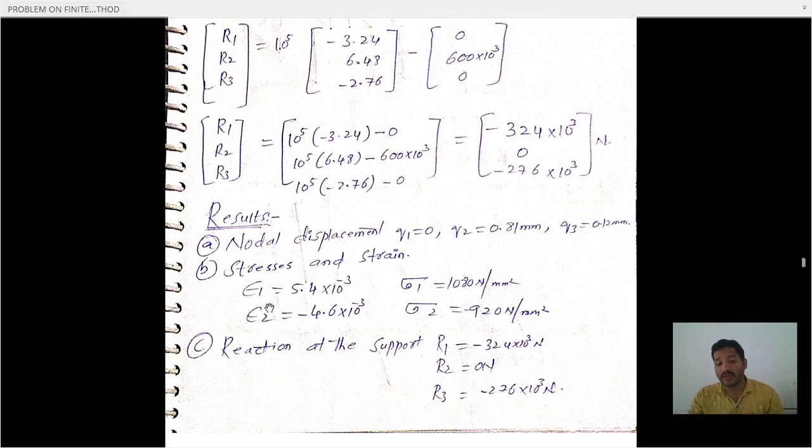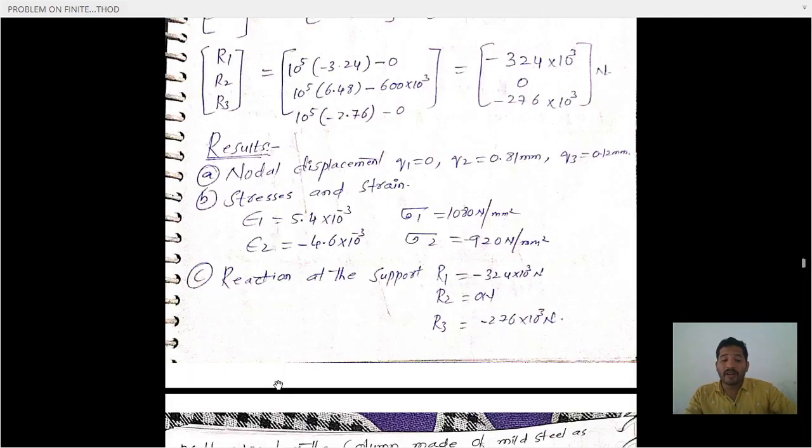The strain for the first element we got as 5.4 into 10 power of minus 3, and the stress for the first element is 1080 Newton per mm square. The strain for the second element is minus 4.6 into 10 power of minus 3, and the stress for the second element is minus 920 Newton per mm square.